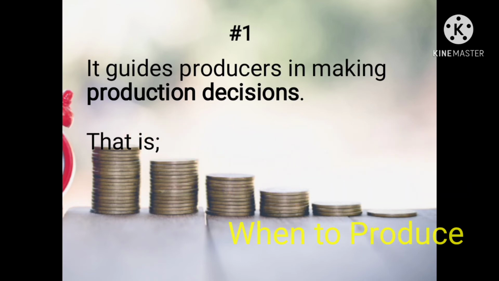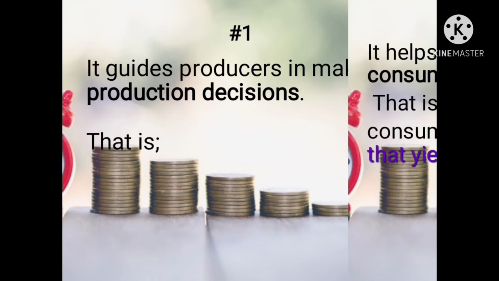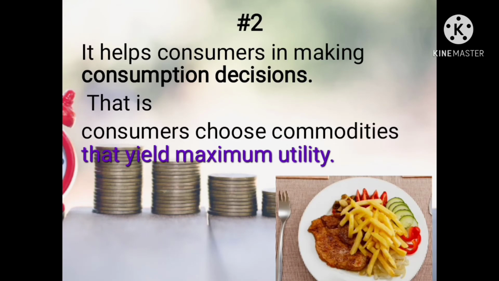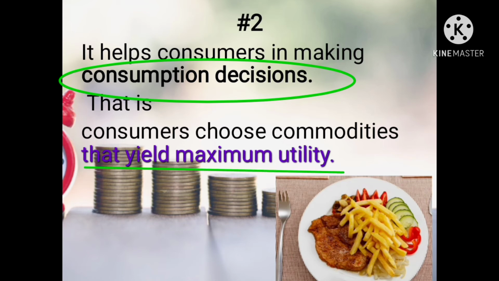Let's look at another importance, the importance on the side of the consumer. It helps consumers in making consumption decisions. That is, rational consumers always choose commodities that yield the maximum utility.